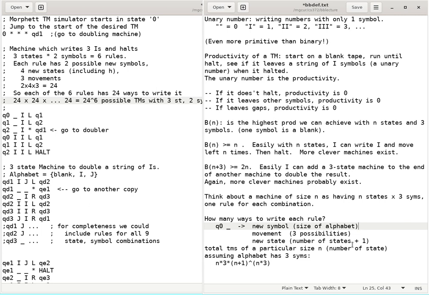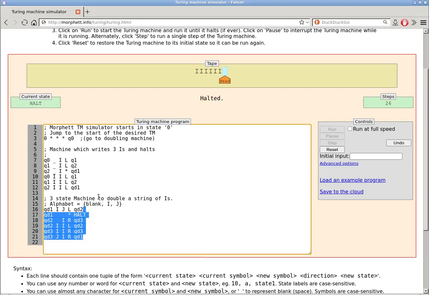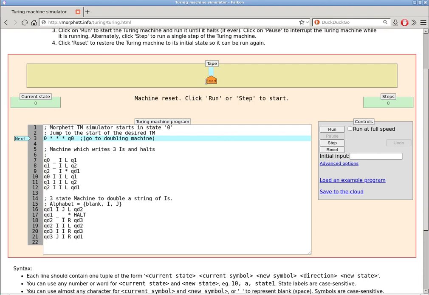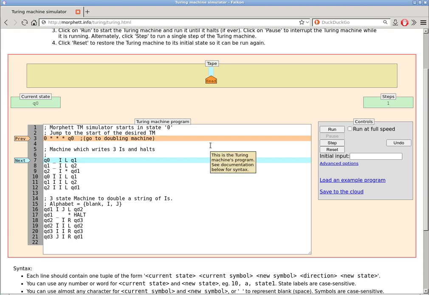And now notice back here that the way these Turing machines work is that there are really only two possibilities. They halt or they don't halt. At any given cycle, we have a symbol, we have a state, we have a rule.